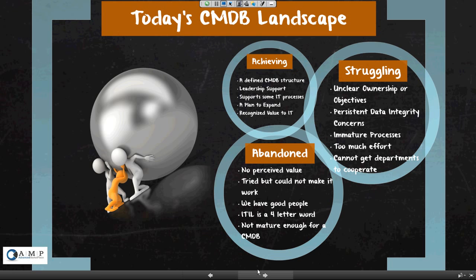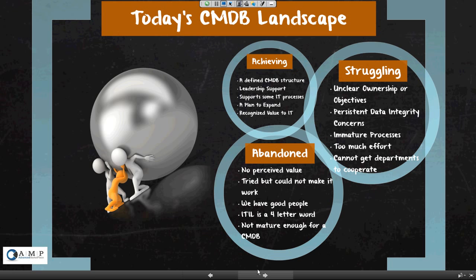And then the last bucket is, quite frankly, we come across a number of organizations who have just abandoned the concept of a CMDB altogether. They said, we don't need it. I've got Harry, he's been here for 50 years and he knows everything there is to know, so I just go ask him if I need it, which, by the way, is a really bad place to be if you're an organization.